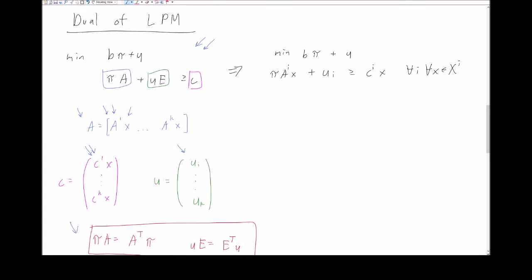Now we can expand our vector notation. We keep the objective the same, noting that U is actually a vector of U1 through UK. What we're expanding, though, is our constraint, and our constraint is expanded according to the decomposition. In this case, each part of this constraint is associated with a particular part of our decomposition. So we can write pi times A_i x plus mu_i is greater than or equal to c_i x.